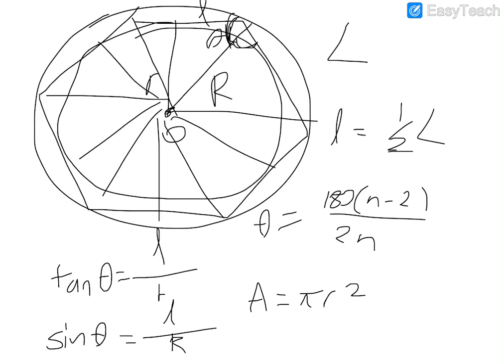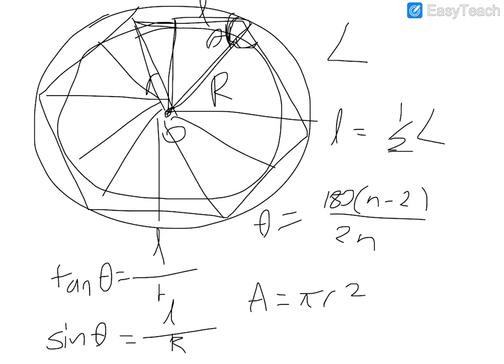So if you look at here, we can basically split this into 2 right triangles for each of its sides. Since we know little l, we know r, presumably.